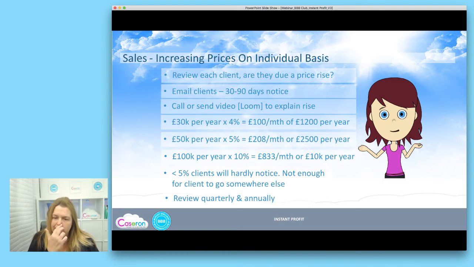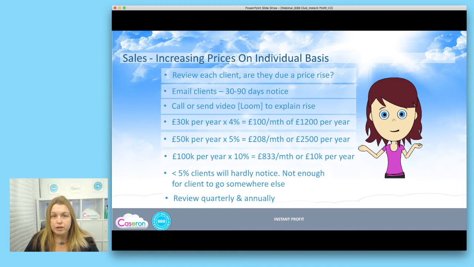Now, we have a number of clients who haven't raised their prices for years, and in fact, we were like that. If a service doesn't change year on year, and ultimately our systems are getting more efficient and our costs are reducing and the time it takes for us to manage those accounts reducing, we don't increase our prices for those clients.